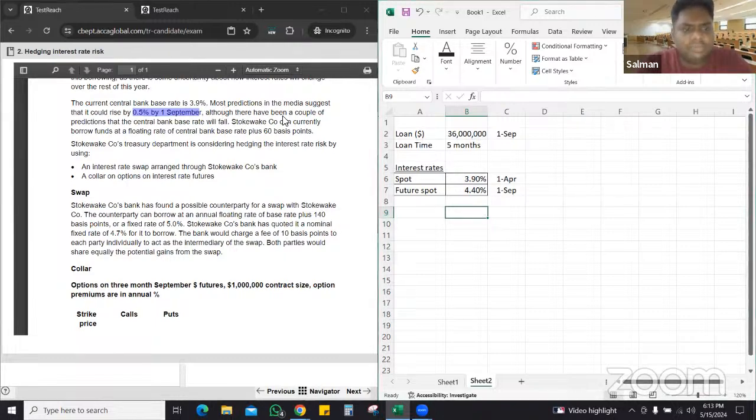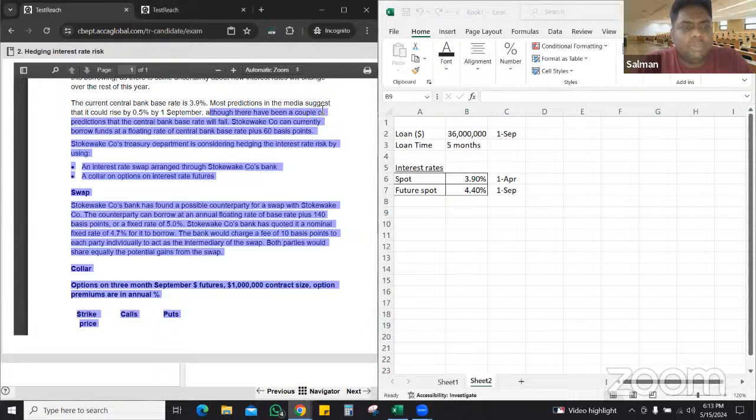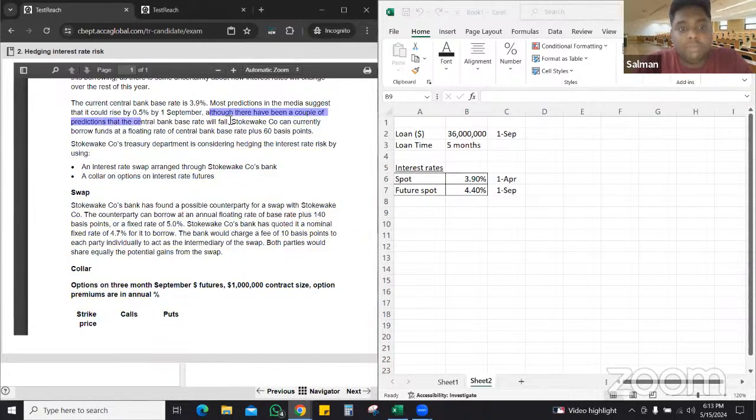It's also in line. Although there have been a couple of predictions that the central bank base rate will fall. The future cannot be 100% predicted. So there can be different outcomes. The most expected is 4.4%, but there are also possibilities where the future spot rate can reduce.